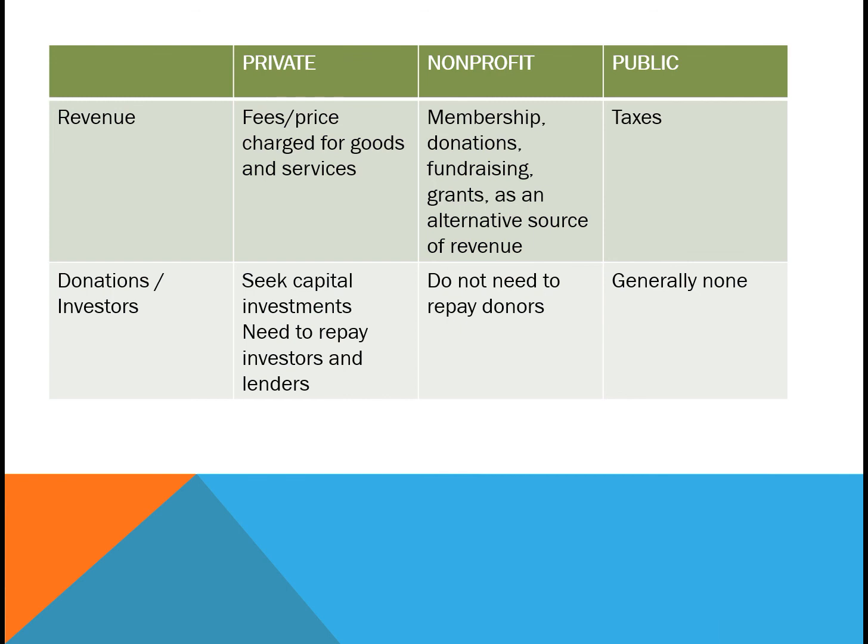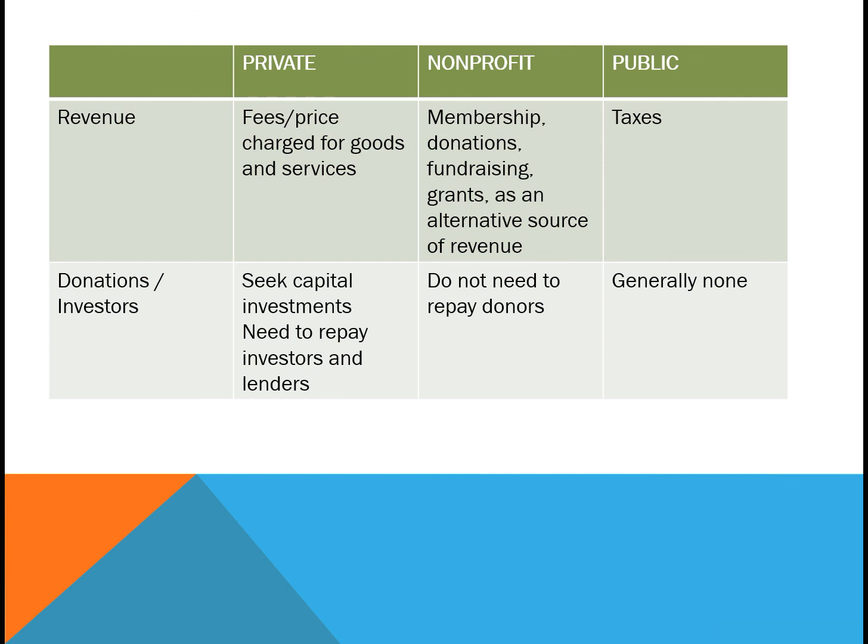And one thing I forgot to add here is they could also charge private sector fees for some programs and services to help offset the costs for others. And obviously, the public sector looks at taxes. And there are different philosophies or laws on how that can be used.